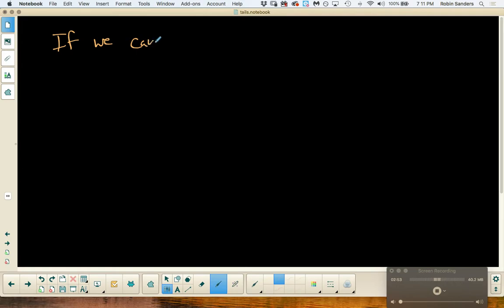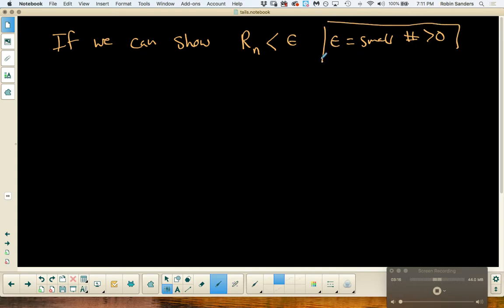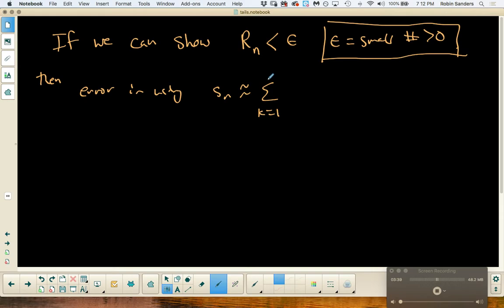If we can somehow show that the tail of a series or an improper integral is less than some small number that I am going to call epsilon, where epsilon is a small number bigger than 0, then what I know is that the error in using S_n to approximate the whole series is less than epsilon units.